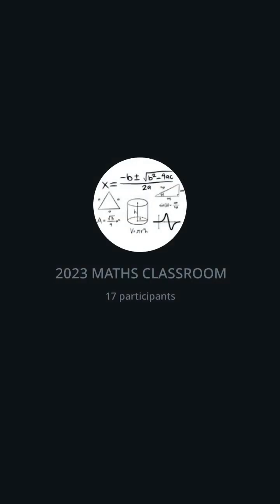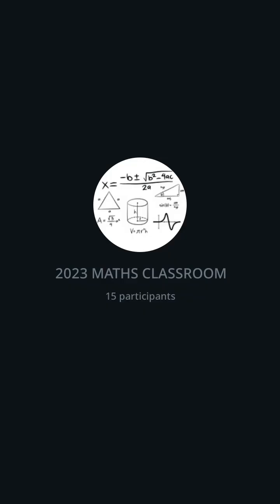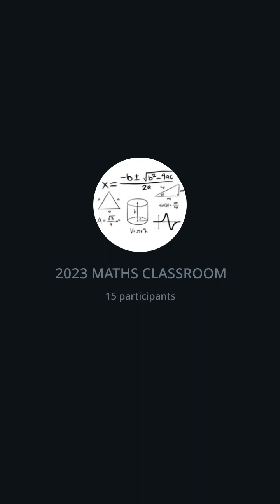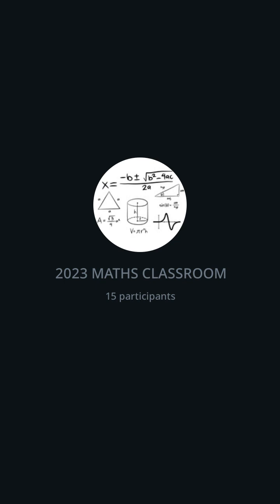Remember, for arithmetic and geometric, you only need 1, 2, 3 terms, but for quadratic, you need 4, so that you have 2 differences which you can compare, common or not. But if they give you only 3 and this is a quadratic, then whatever number you get when you subtract, it is common. So you shouldn't worry if you're getting 3 times.